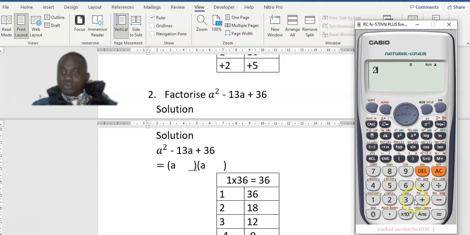So 2 plus 18 gives us what? 20. No. Let's use minus and see. Minus 2 minus 18 is minus 20. No, we can't use 2.